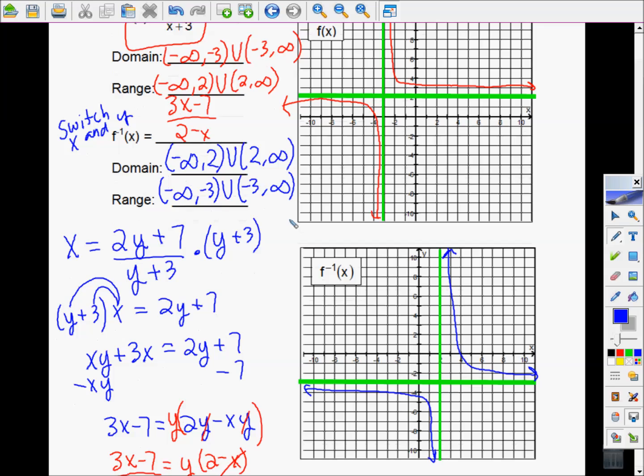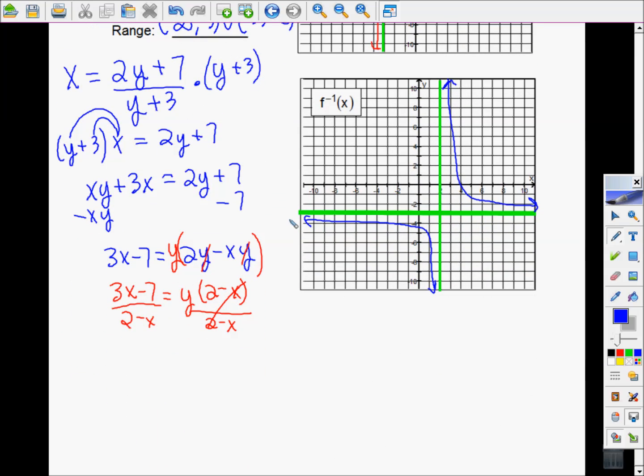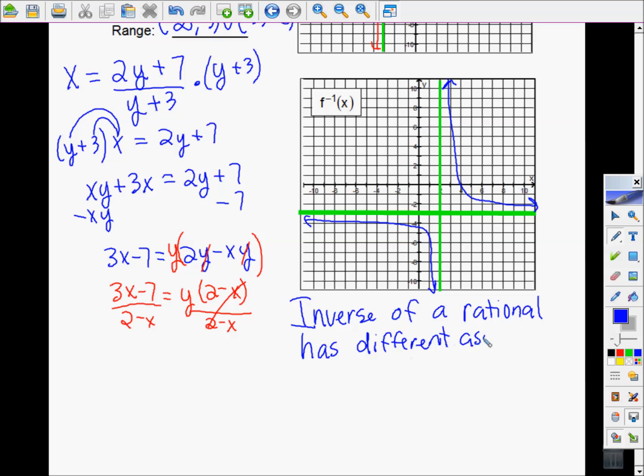All right, so let's now write what we learned about rationals. So the summary of rationals: the inverse of a rational has different asymptotes.